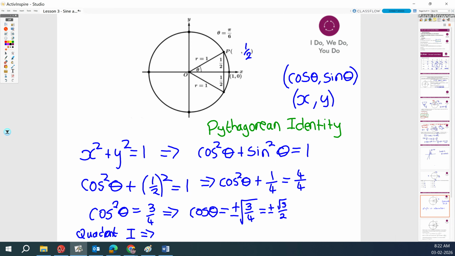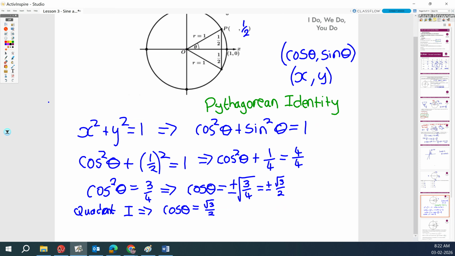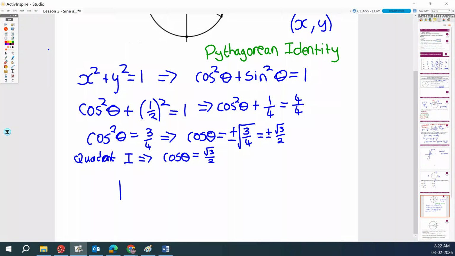This implies that cosine theta is equal to root 3 over 2. It won't be negative because we're in the first quadrant. So the coordinates of P are root 3 over 2, 1 over 2.